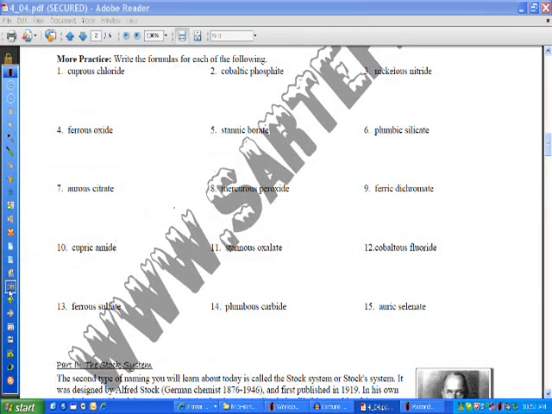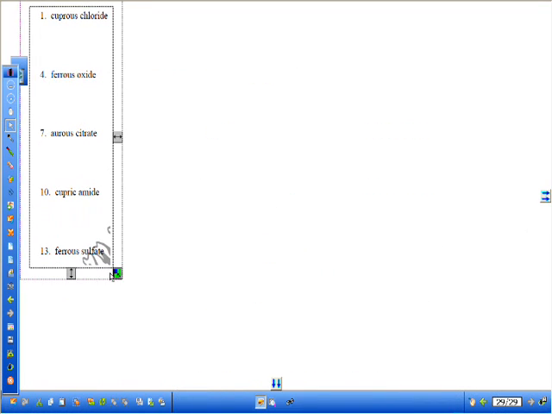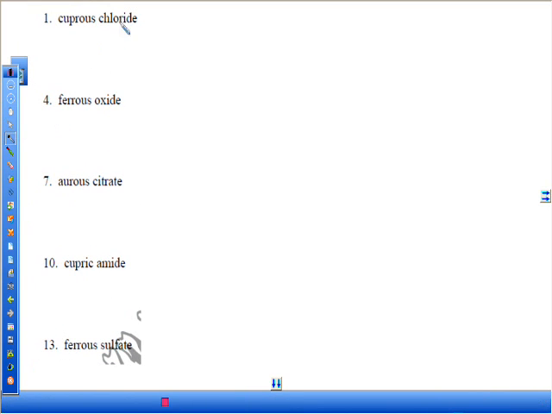Alright, let's just do a couple here. Cuprous is copper, and again, the lists of multivalent cations are on the back.